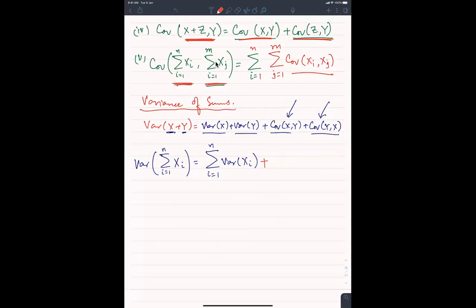So that would be i equal to 1 to n, j equal to 1 to n, but j not equal to i, so that there is no double counting, covariance of xi and xj.